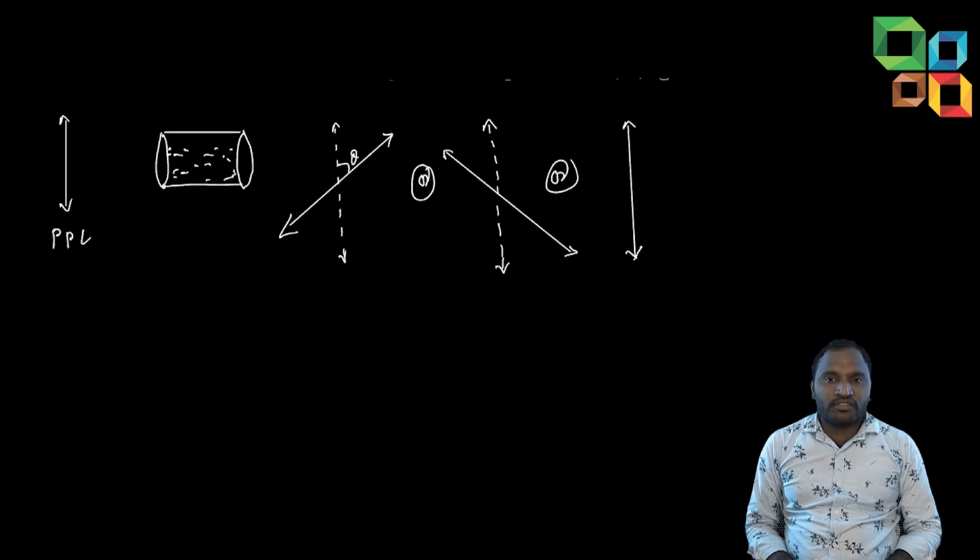And the phenomenon is called optical activity. Compounds which do not rotate plane polarized light, or which do not alter the plane polarized light, are called optically inactive substances.